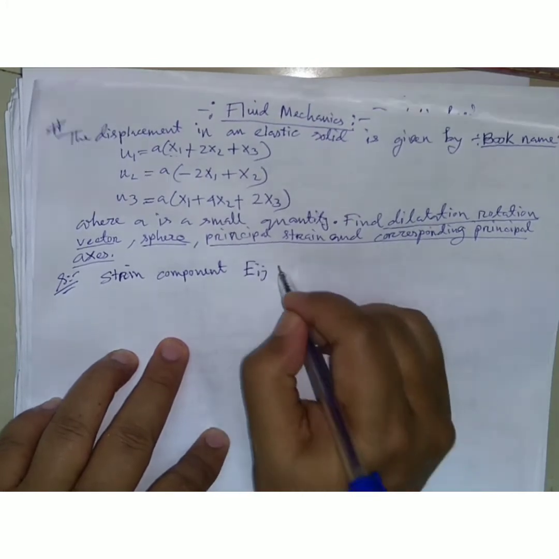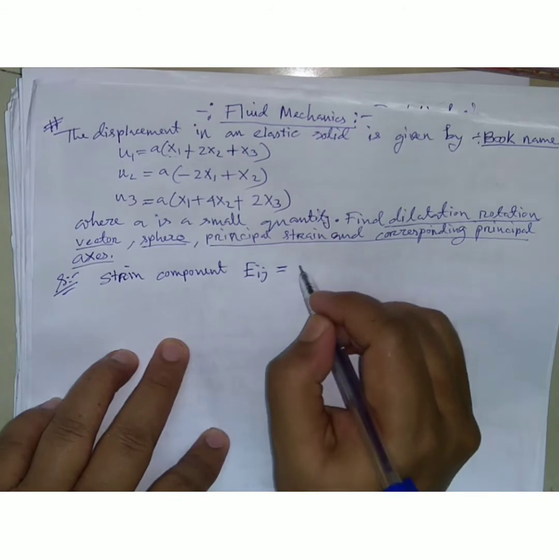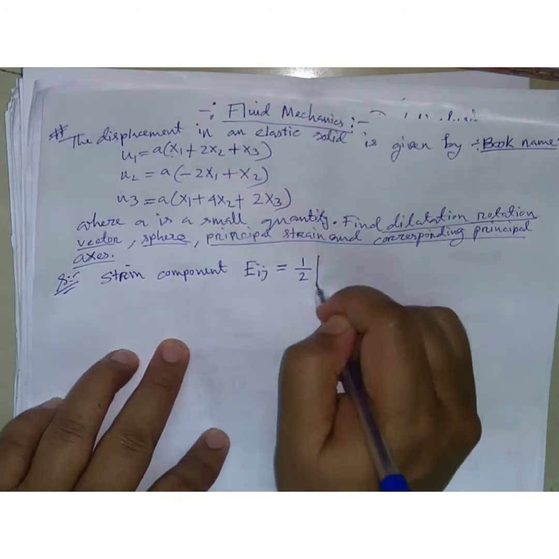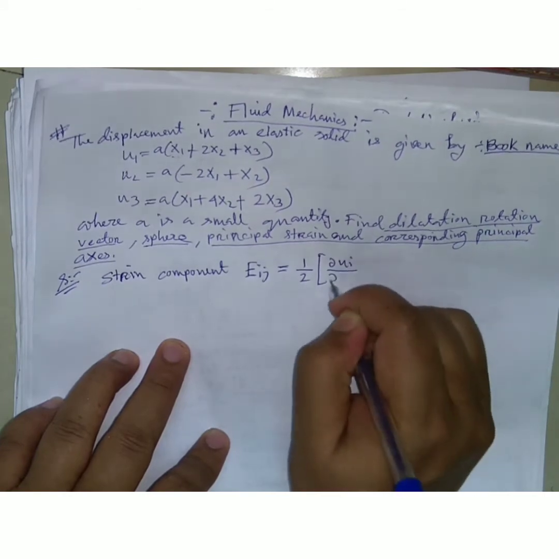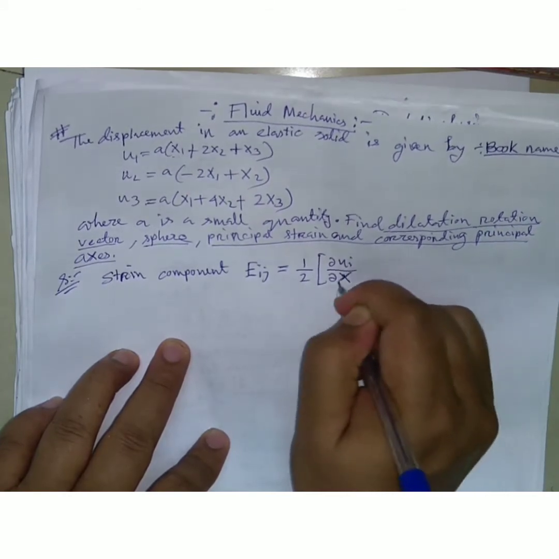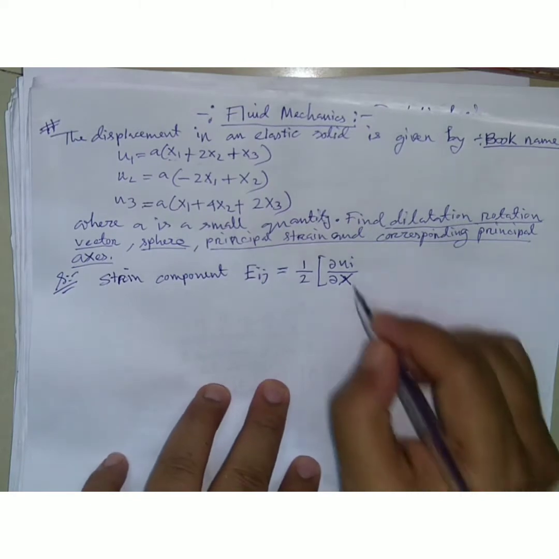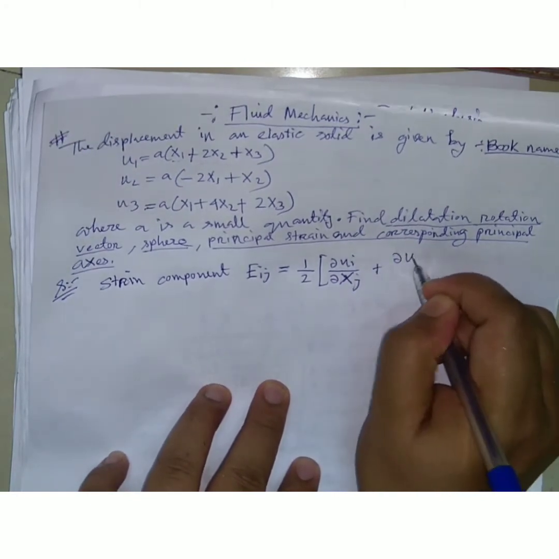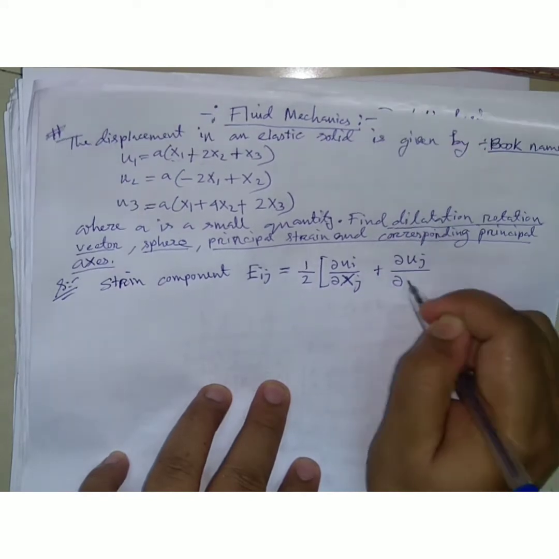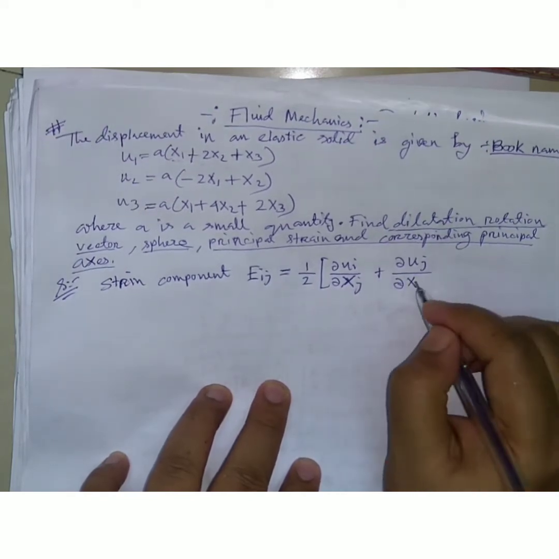We know this formula. What is the Eij? Eij is very simple. Half into del ui divided by del xj plus del uj divided by del xi.